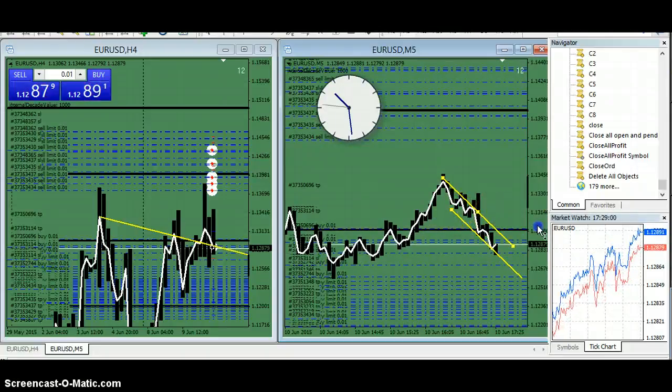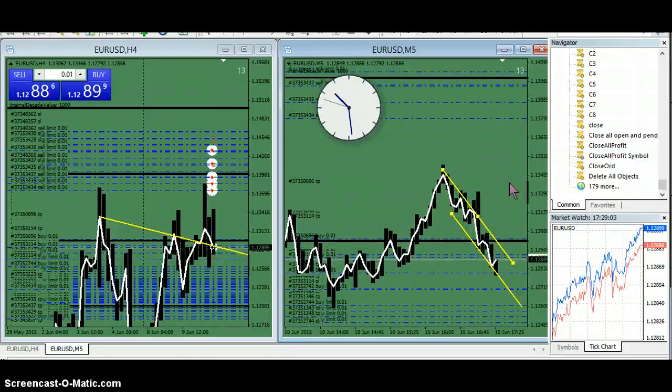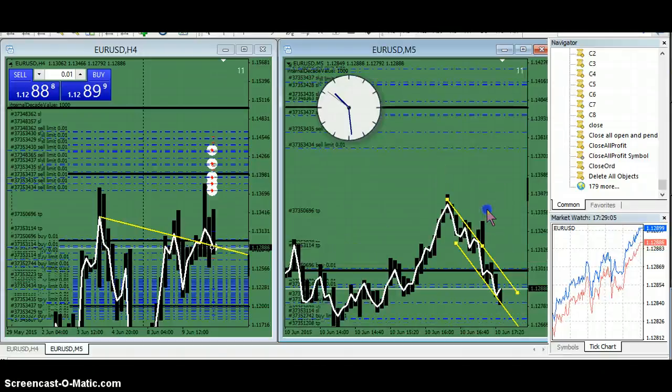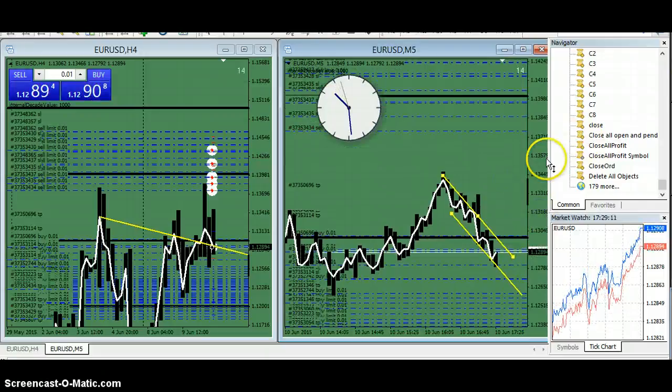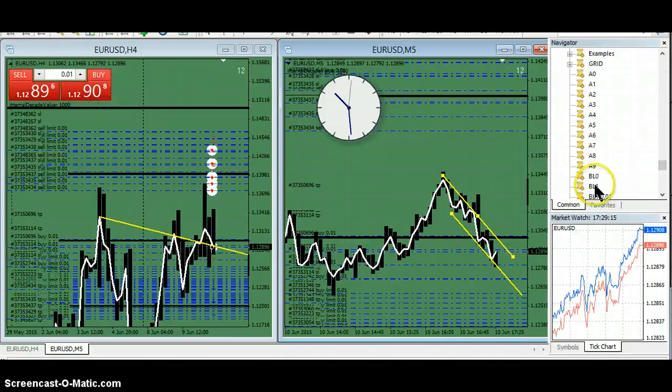All right, looking to break this channel in the 5. News in 1 minute, and I've got this set to buy at the market. Those market orders, which I kind of dread. This is what it looks like inside here.